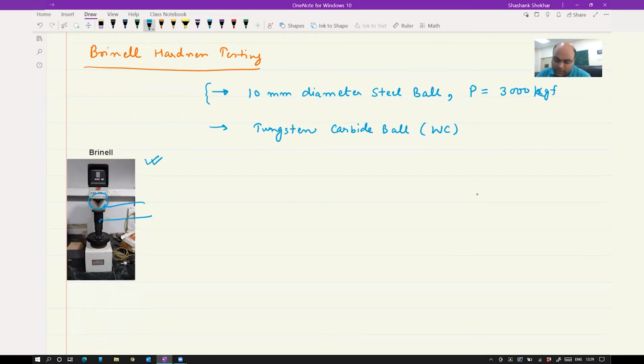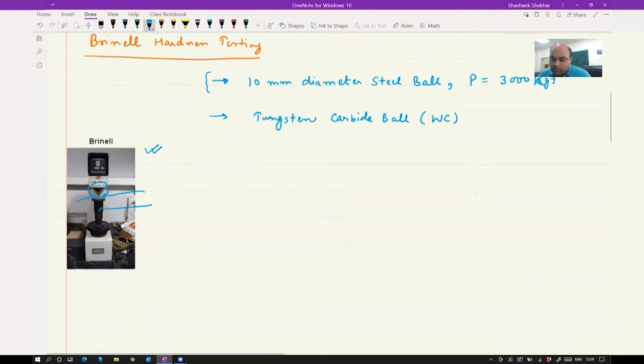You place your sample, make an indentation, then take out the sample, go to the microscope and see the indent impression, as I discussed just before.